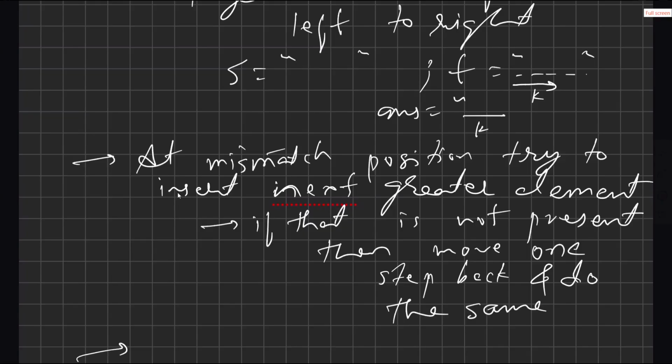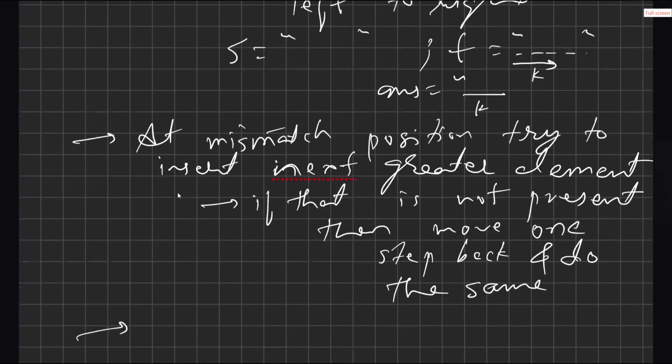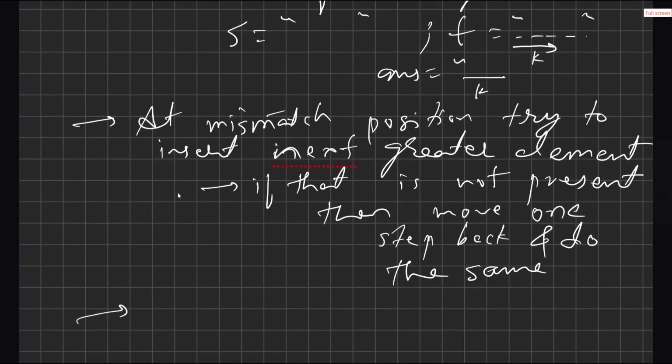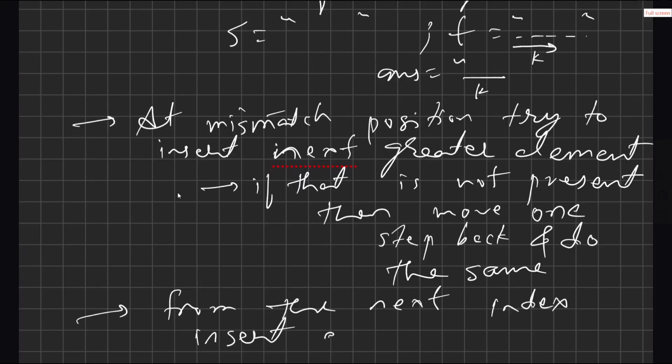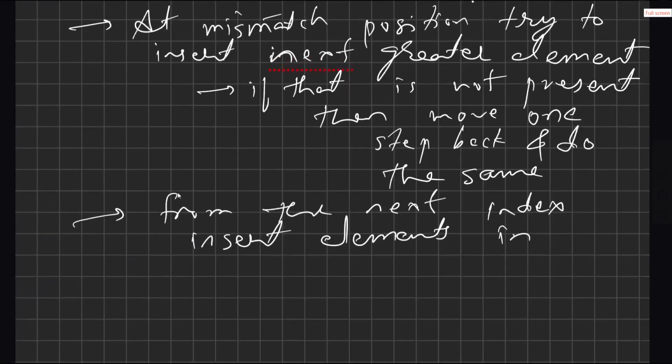Okay, so once we have found out a mismatch position's character, in that case, from the next index you can think of, insert elements in ascending order.